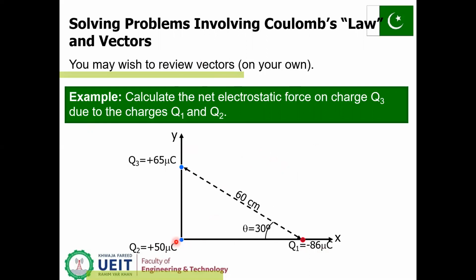So we draw the x-axis from Q2 to Q1 and the y-axis from Q2 to Q3. This side is 52 centimeters and this one is 30 centimeters. What will be the hypotenuse of this triangle? This will come out to 60 centimeters.